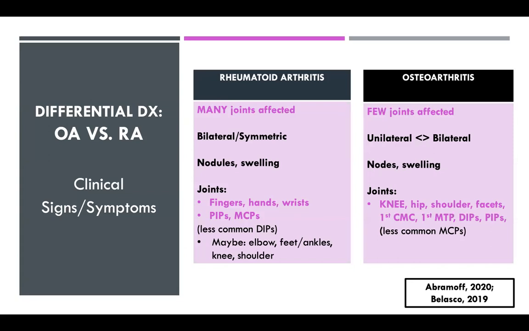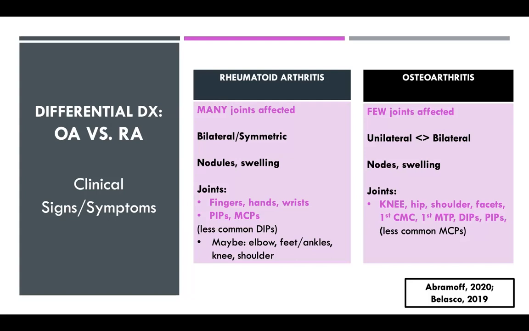Starting to think about the differences between these two disorders. In rheumatoid arthritis, we're thinking about more of an autoimmune disease and inflammatory condition that has systemic effects. So this is going to drive some of the presentation. So many joints are likely affected in rheumatoid arthritis versus osteoarthritis is more of a localized joint destruction and inflammatory process.